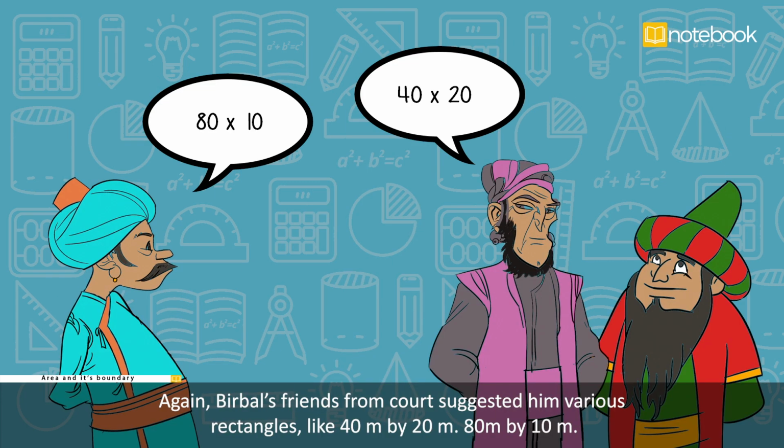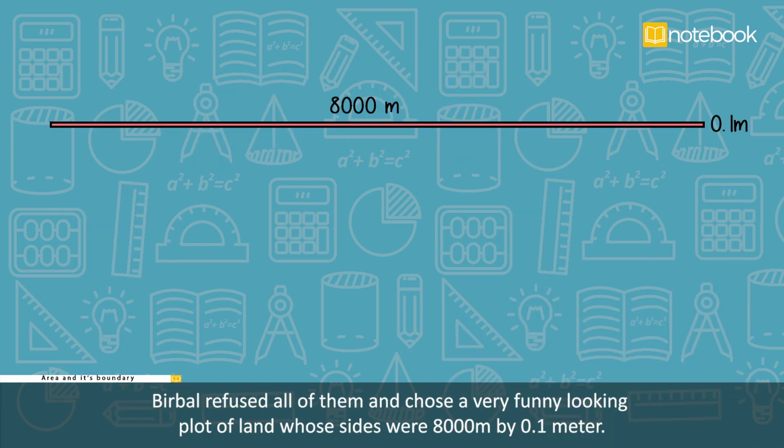Again, Birbal's friends from court suggested him various rectangles like 40 meter by 20 meter or 8 meters by 10 meter. Birbal refused all of them and chose a very funny looking plot of land whose sides were 8,000 meter by 0.1 meter.